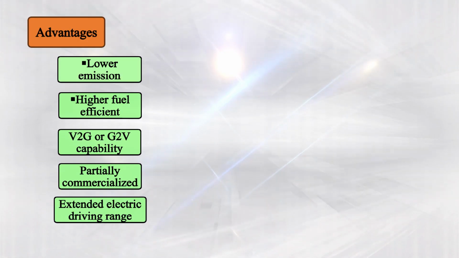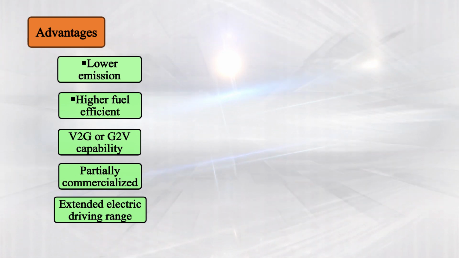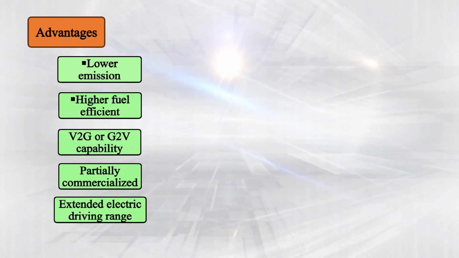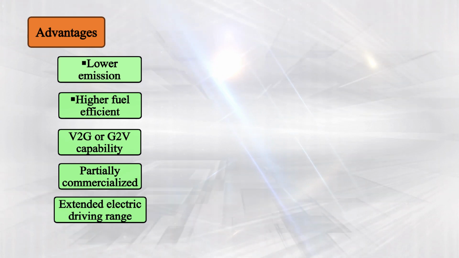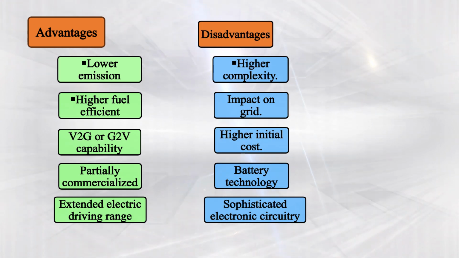If you talk about the advantages of the plug-in hybrid electric vehicle, then it has lower emissions, a highly fuel efficient vehicle, G2V and V2G (grid to vehicle and vehicle to grid) capability, partially commercialized, gradually capturing significant market space, and an extended all electric drive range.